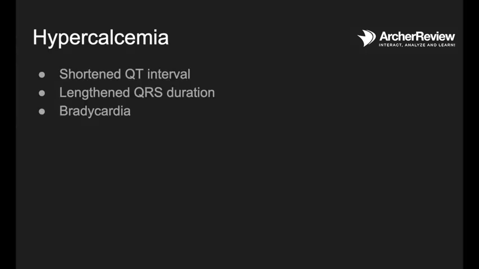All right, hypercalcemia. What happens when you have too much calcium in your blood? This will cause shortened QT intervals, lengthened QRS duration, and a very severe bradycardia. So, too much calcium, shortened QT interval, lengthened QRS duration.